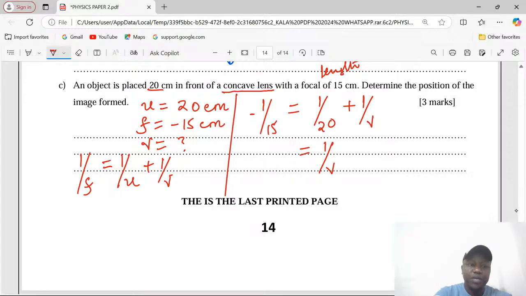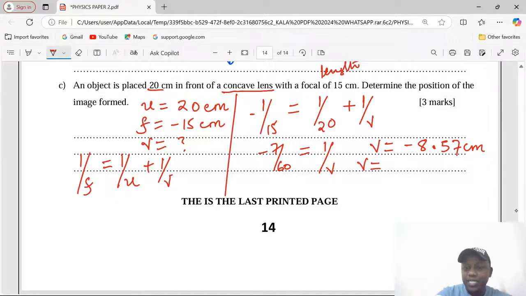This is going to be negative 7 over 60. So V will be negative 8.57 centimeters. This means that the image is virtual.